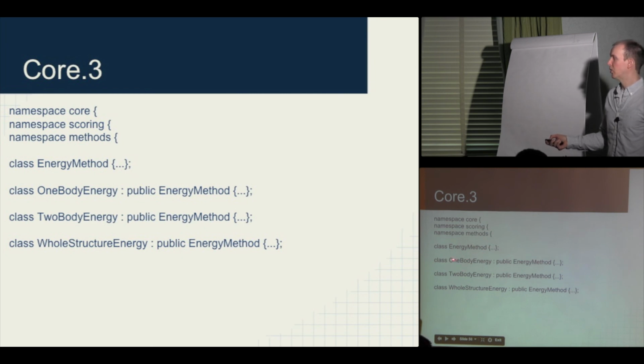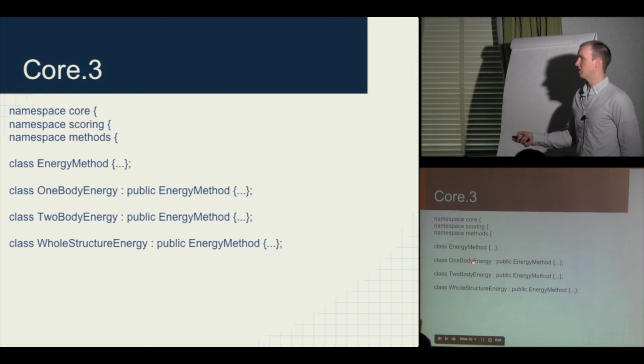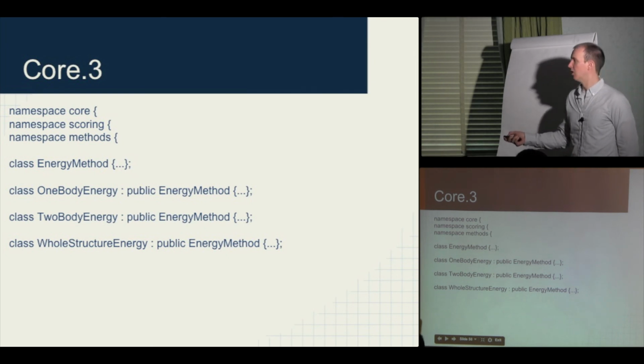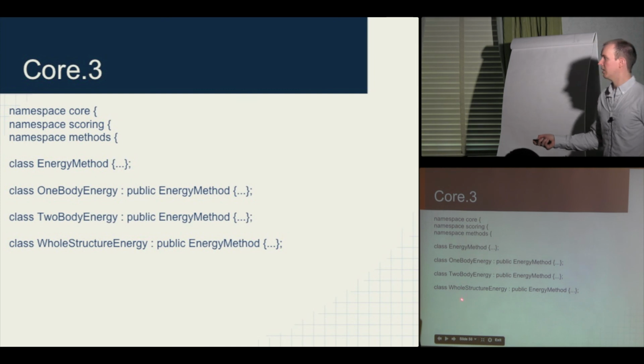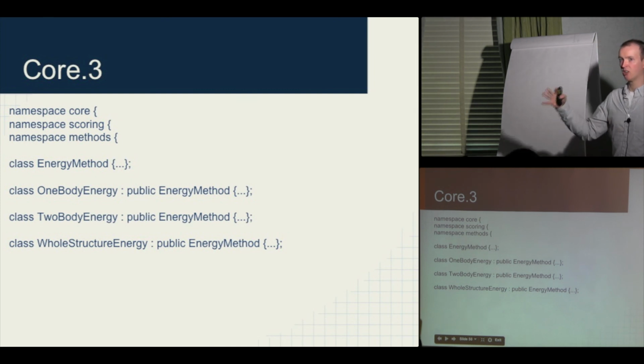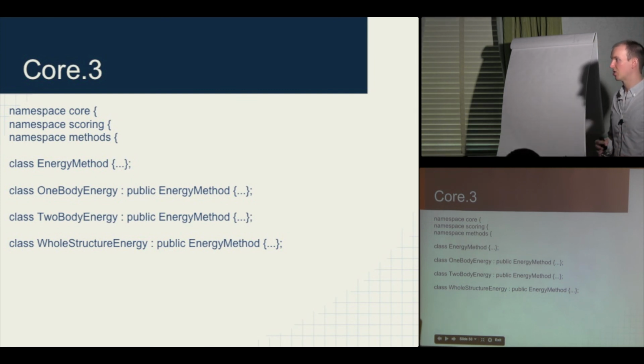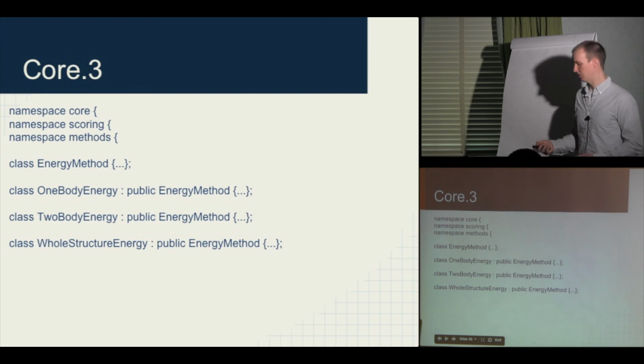They're broken down into 3 groups: the one-body energies, the two-body energies, and then the whole structure energies. These would be energy terms that depend only on a single residue, energy terms that depend on 2 residues, and then energy terms that depend on the entire structure or some large subset of the structure that's more than 2 residues.